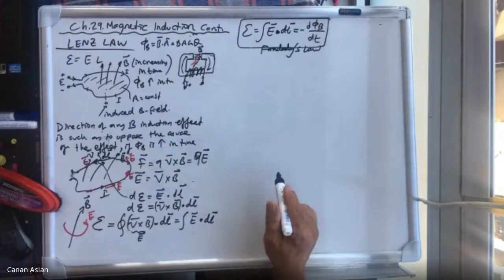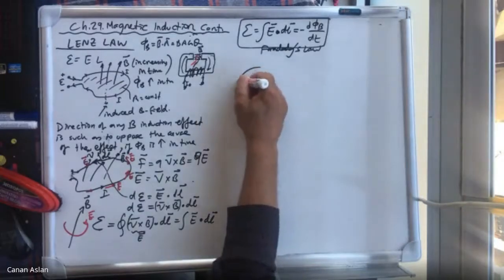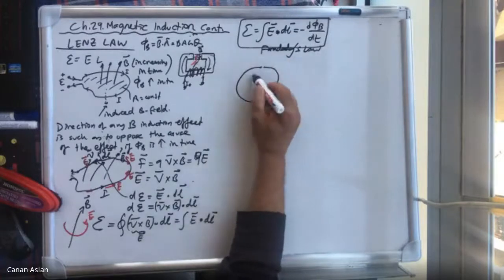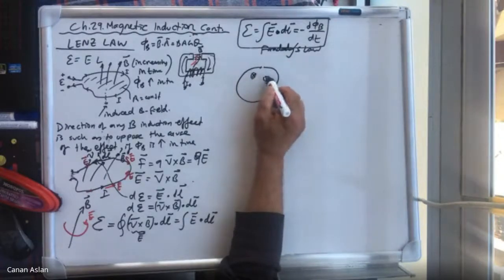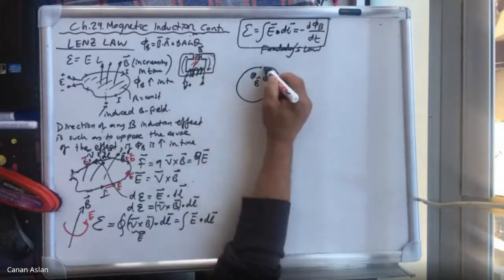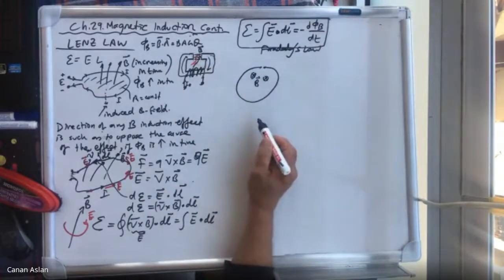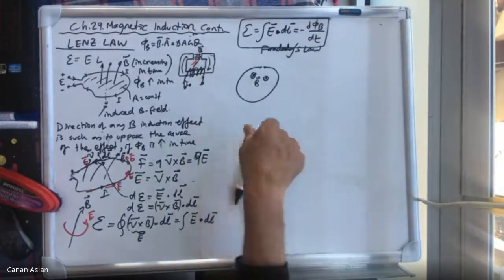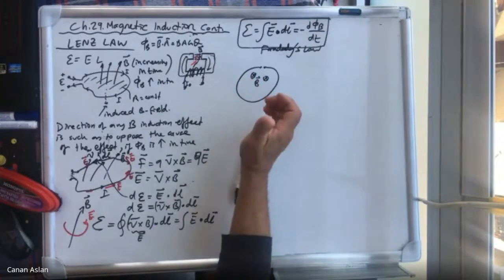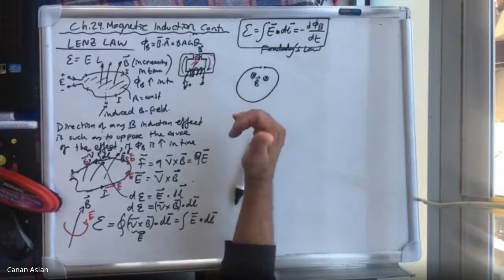Now look at our system. If we have a regular circle, looking from the top, and the B field is inside the page, and the magnetic flux is increasing in time downward, then the induced magnetic field will be in the upper direction.